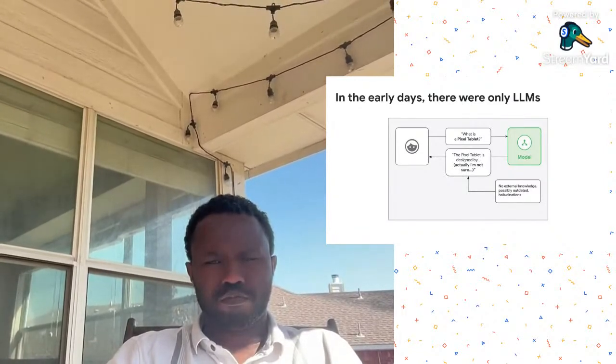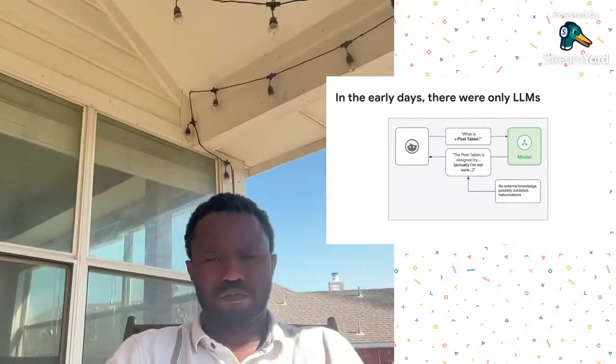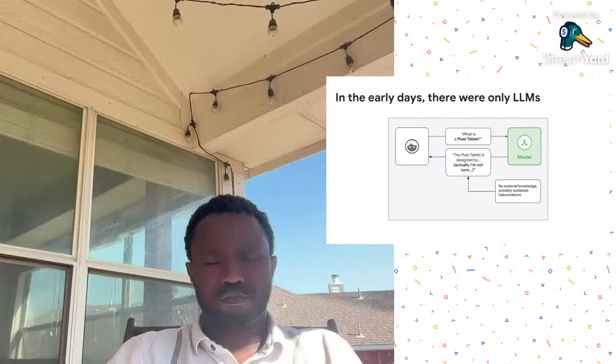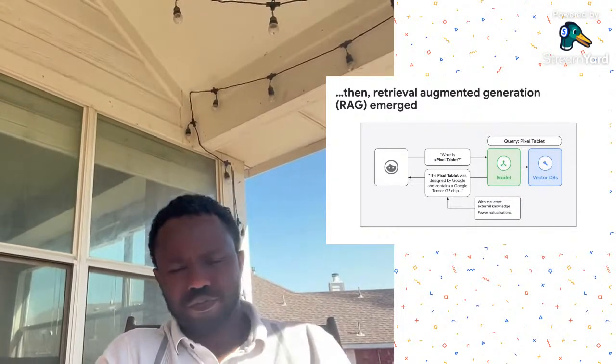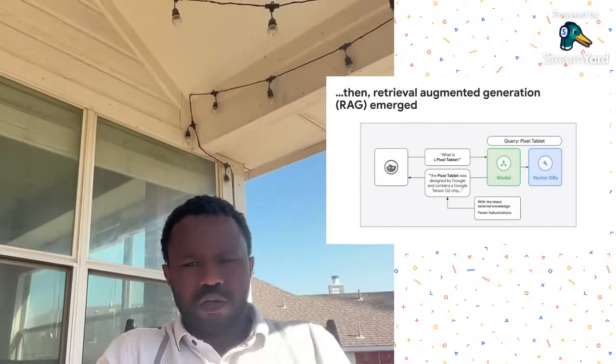So we interacted with the LLMs, and there was a kind of a moment where we said, should we throw away all of our old architecture and just work with LLMs? I think we're over that, I hope. But then we started to find a pattern, and we said, oh, wow, not only can I generate words, but I can introduce this concept of factual information, reducing hallucinations. And so retrieval augmented generation was born.